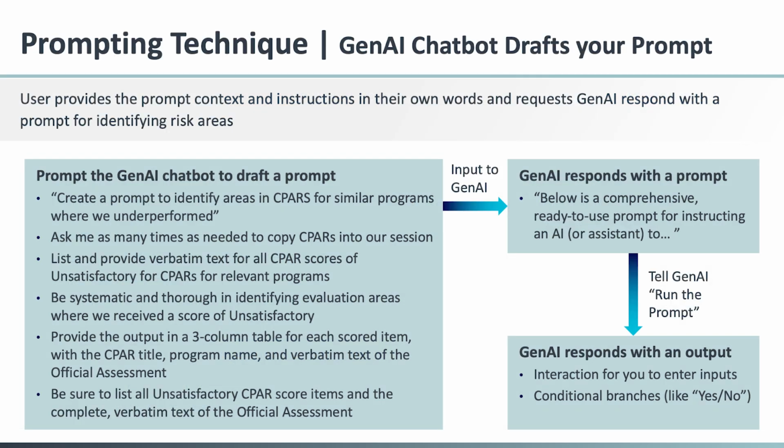So this is a graphic to illustrate for you the prompting technique. I don't want to make this too complex. Each of these big blocks is a step in a process. Okay, it's really not that hard to do. What's interesting about the prompting technique I want to talk to you about here is that you can tell a GenAI chatbot what you want to do, and maybe even give it an example of what you want to do, and then instruct it to write the prompt for you.